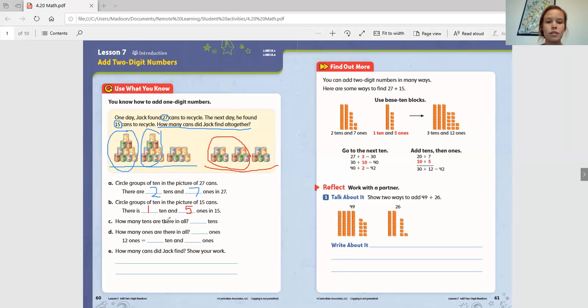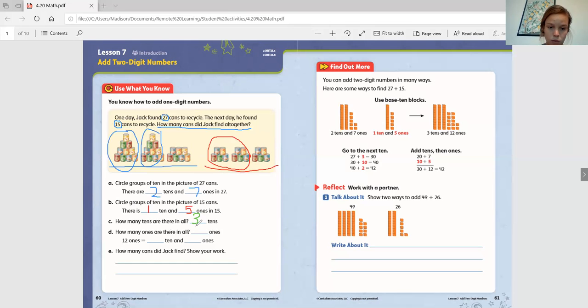How many 10s are there in all? If I look at all of these, 1, 2, 3, I'm going to have 3 tens. And how many ones? Let's count these because we didn't circle them. 1, 2, 3, 4, 5, 6, 7, 8, 9, 10, 11, 12.